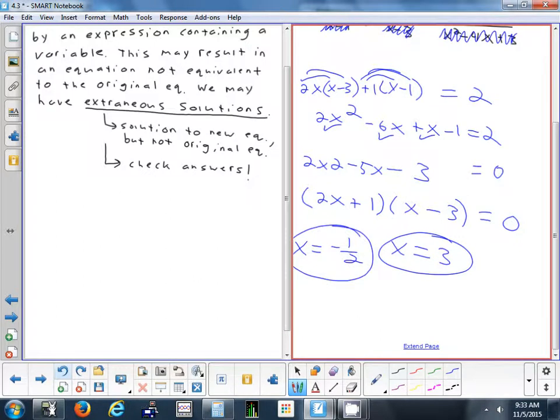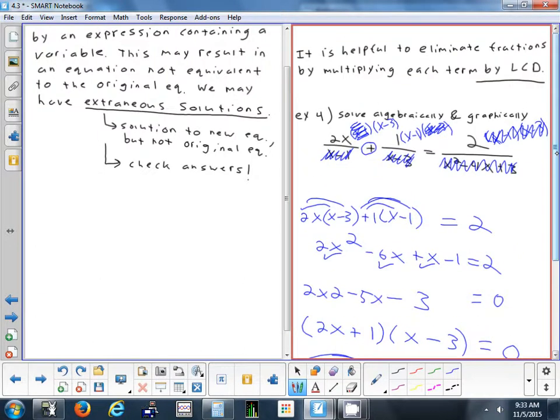Now, there are 3 things that could happen here. These could both work. They could both not work. Or one works and one doesn't. Let's go back up and check 3. This original denominator was x minus 3. Can I plug 3 into that denominator? No, it would cause me to divide by 0.